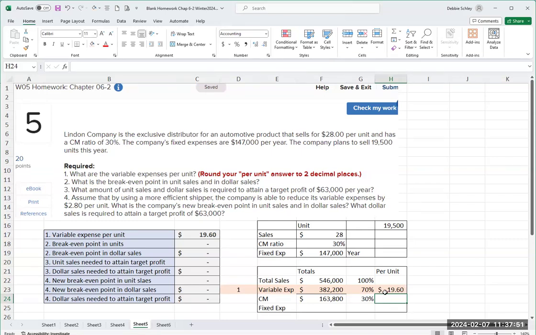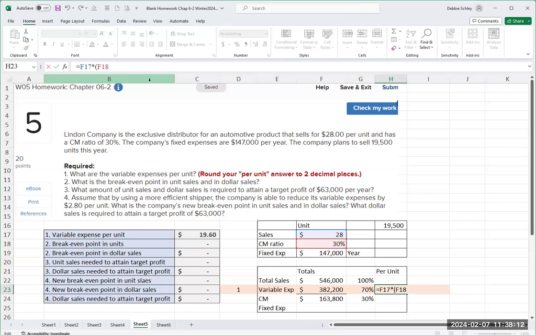Okay, the simpler way to do that would have been to take equals the selling price per unit times 1 minus the contribution margin ratio. Right? Because that'll give me the 70%.